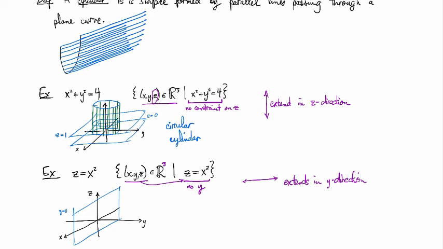So z equals x squared, so it's going to be a positive opening parabola in the z direction. So there's my parabola. And then I'm going to draw parallel lines through it that are parallel to the y-axis.